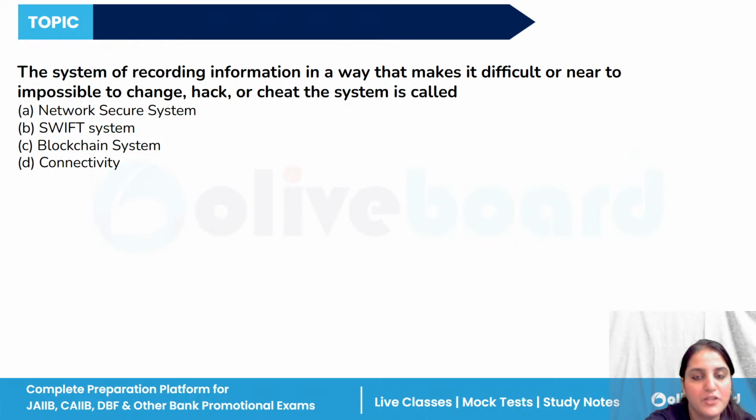Blockchain technology is designed to provide secure, transparent, and tamper-proof records, making it a reliable choice for various applications, which include cryptocurrencies and secure transactions. So here the correct answer is option C.